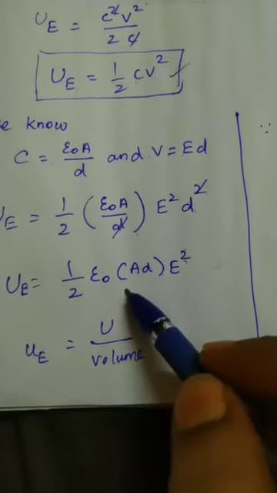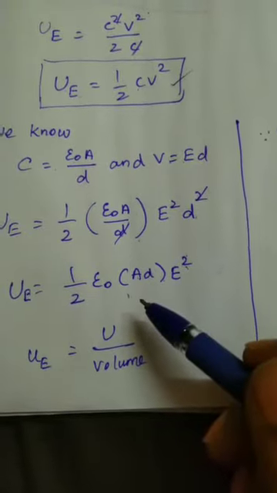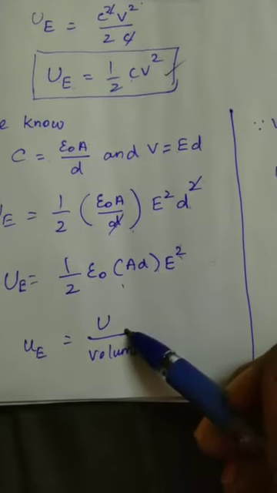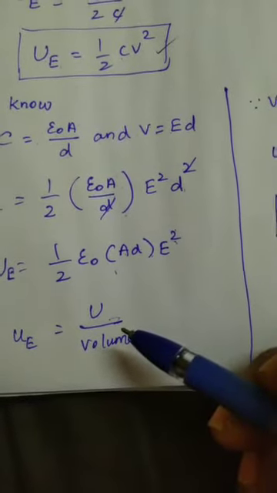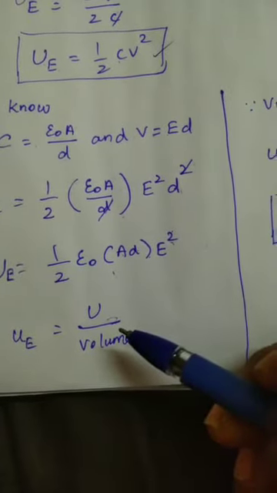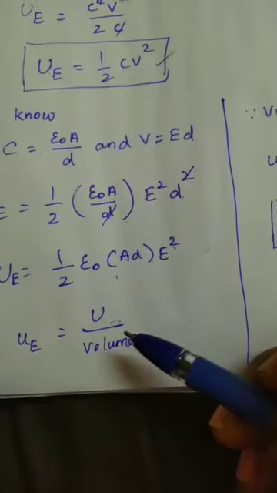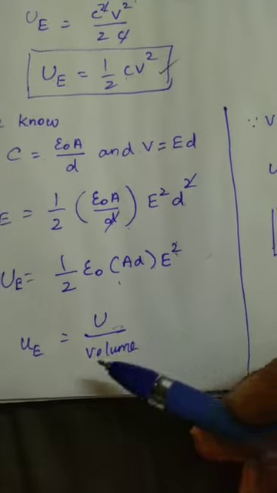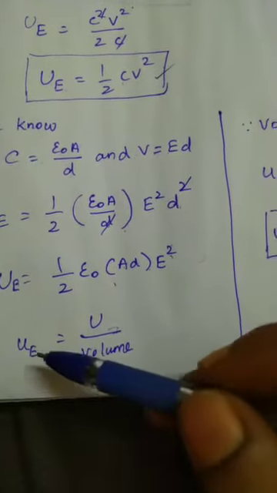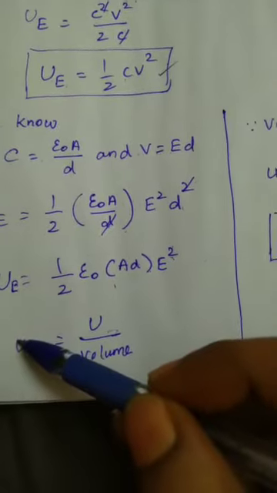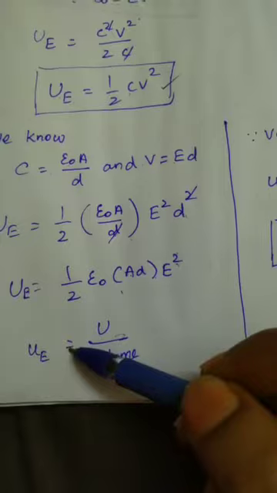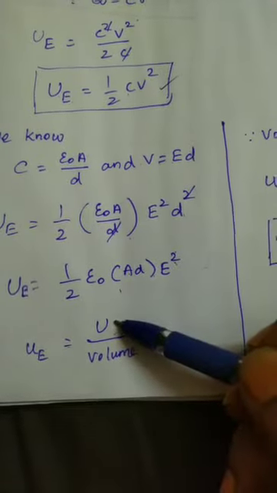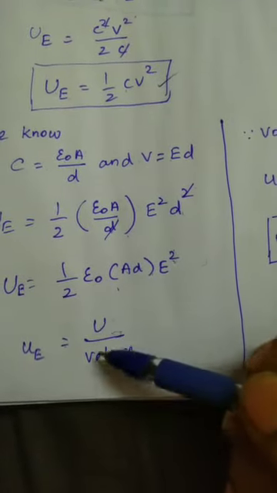So instead of the energy, we are going to calculate the density now. Energy density. What is energy density? The energy stored per unit volume of the space. That is called energy density. Energy density is represented by small ue. Energy density is equal to potential energy stored per unit volume.